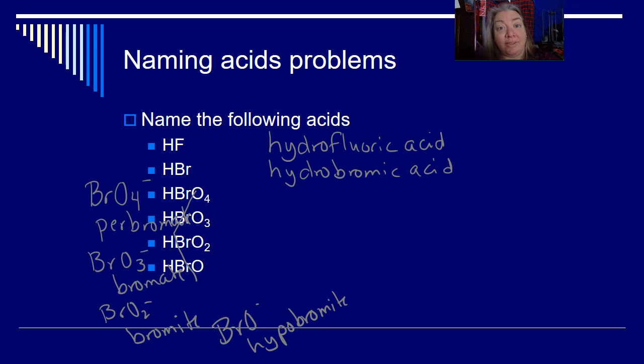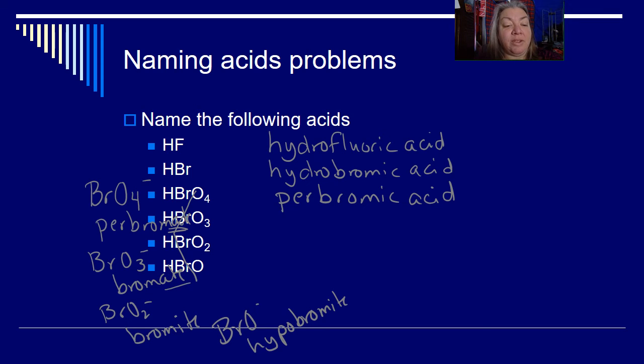The rest are oxyacids. So these are based on the polyatomic ion name. So we just change the ending to ic or ous. So ate becomes ic, ite becomes ous. The first one, and I gave you the polyatomic ion name, perbromate, ate becomes ic. So this becomes perbromic acid.